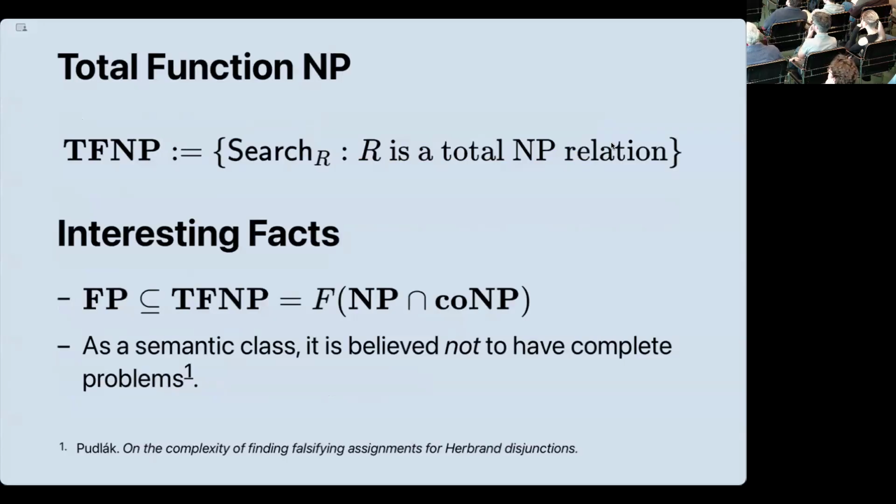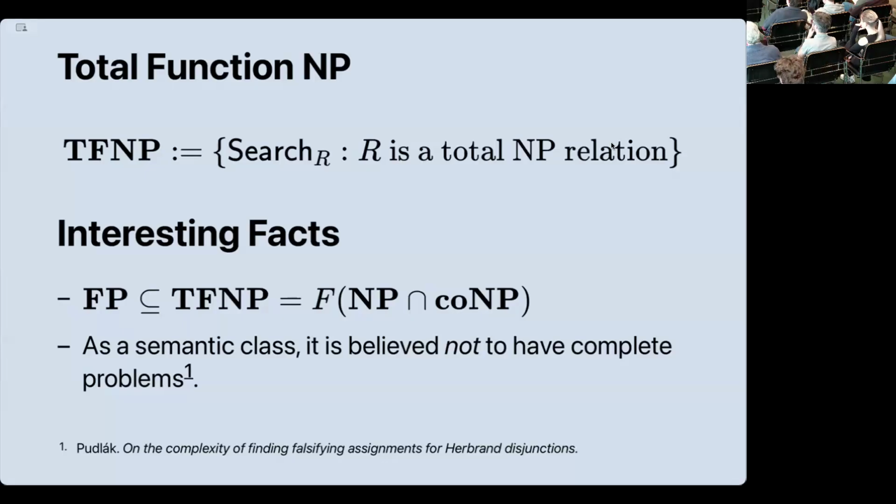So some basic facts about TFNP. For one thing, it obviously contains P. If I have a polynomial time algorithm, then I have a total relation, since it's always going to halt and output the answer in polynomial time. Also, you can think of TFNP as being the functional analog of NP intersect co-NP.